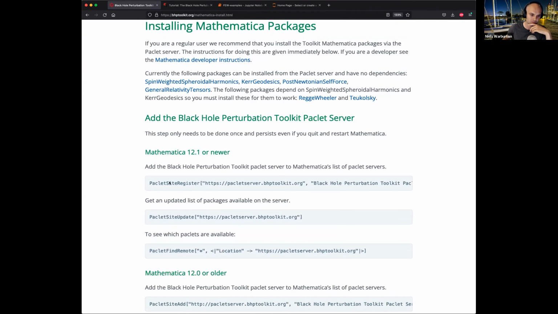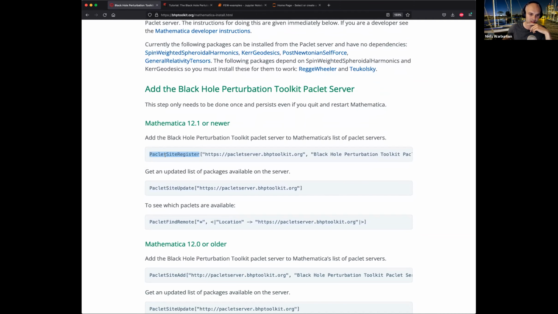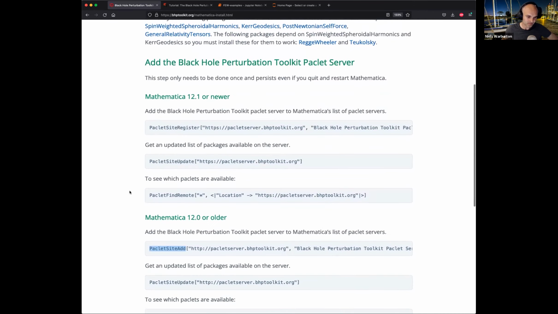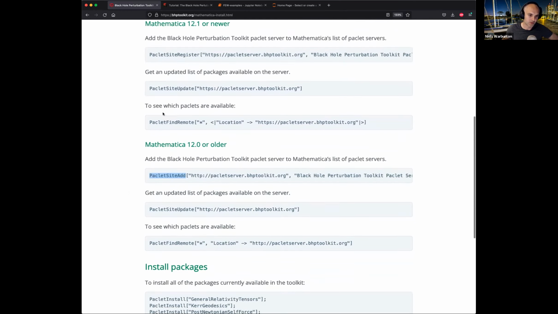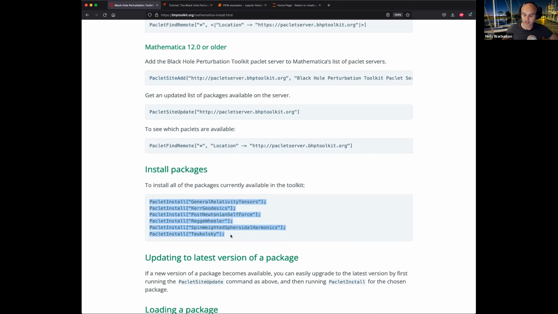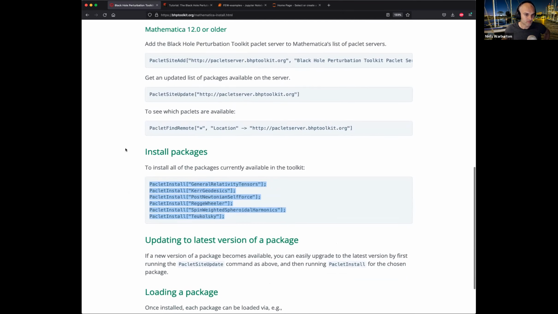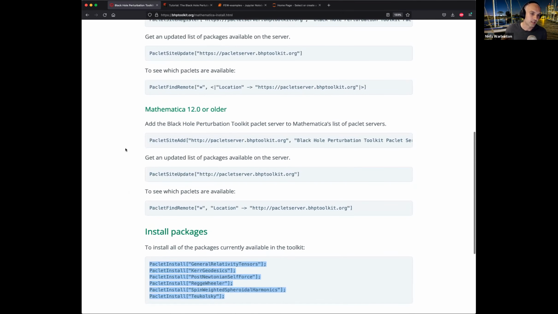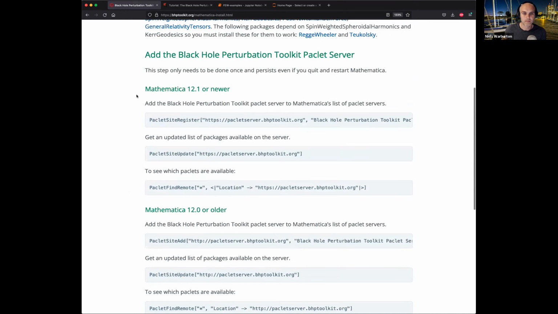It's just slightly different wording: Packlet site register versus Packlet site add. Why they changed that, I don't know. But once you've run these commands, you can then just install all these packages very quickly. And then if you run this command again later, it'll update the packages automatically for you if there are any new releases. But we'll go over that in the beginning of the first notebook that I'm going to look at.